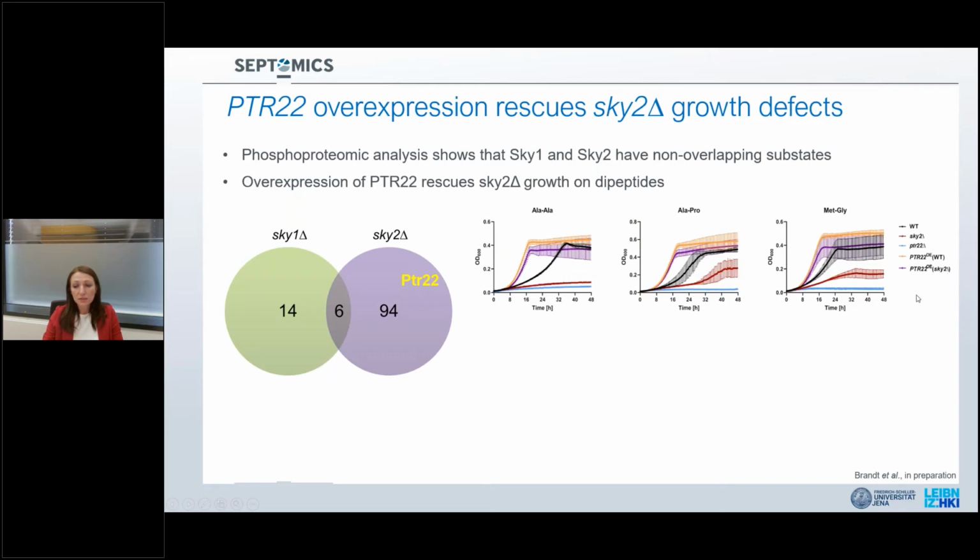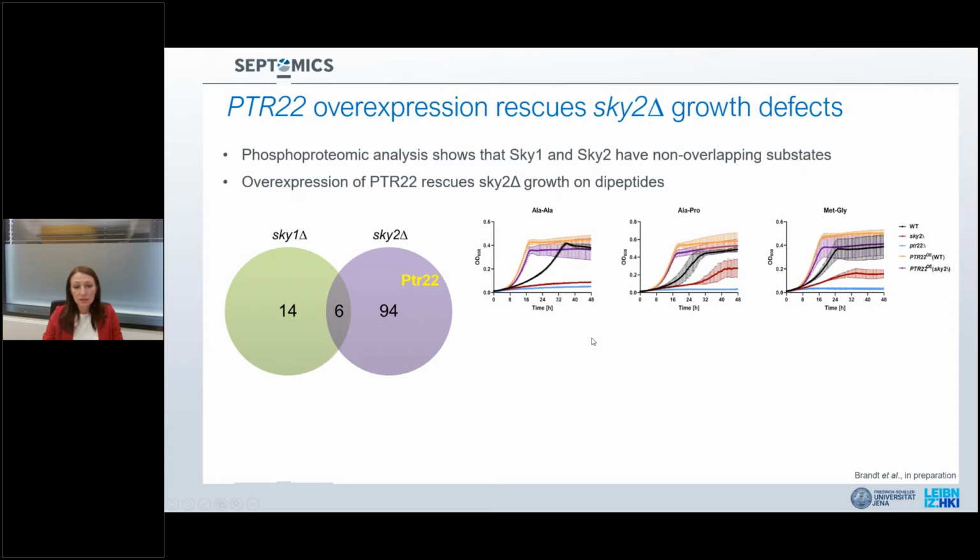And what we see is that overexpression of this dipeptide transporter is able to rescue the phenotypic growth defect of SCY2 on these nutrients.